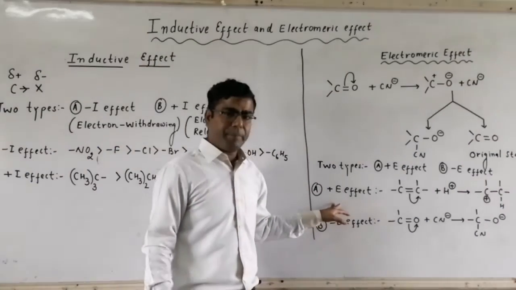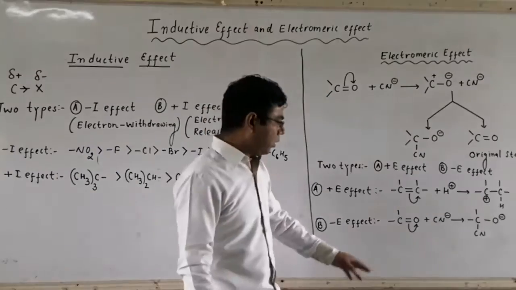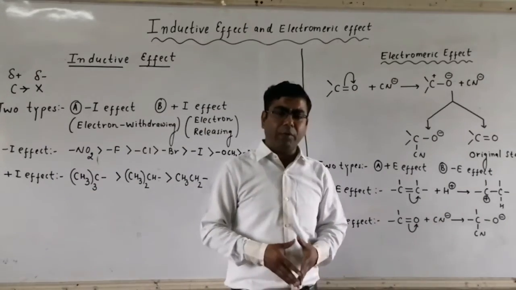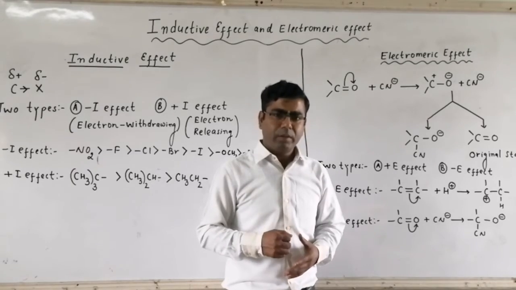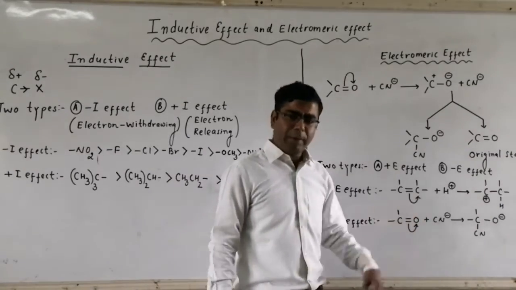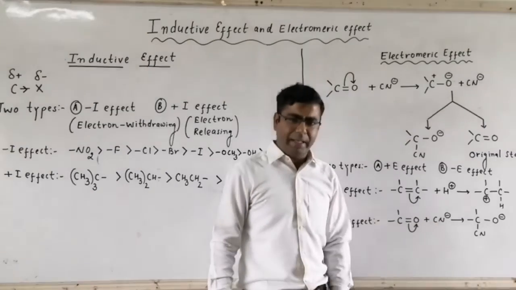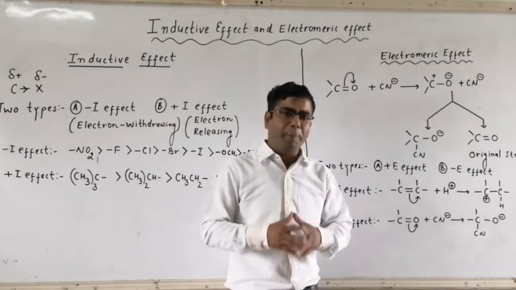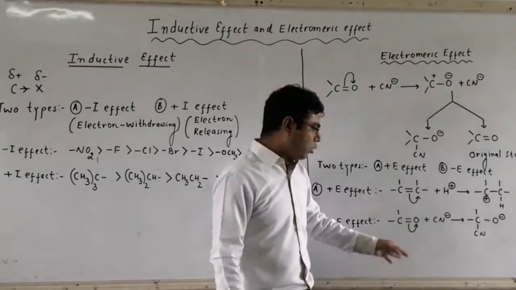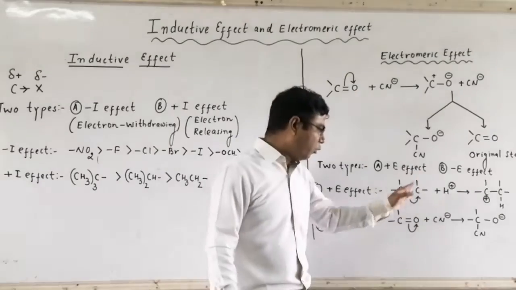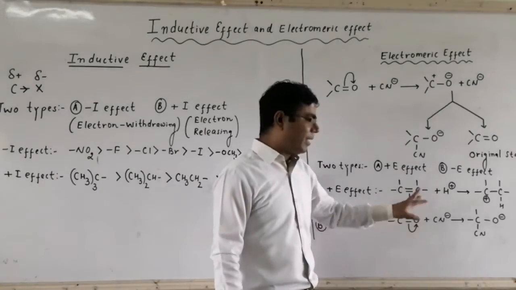So when attack and transfer of electrons are on the same carbon, then the effect is called plus C effect. Second case, C double bond O, being more electronegative, will attract the double bond electrons to itself. So in presence of CN minus ion, electromagnetic effect will operate between the carbon and oxygen bond. Pi electrons will be moved towards the oxygen atom, so it will acquire minus charge, and carbon will acquire plus charge.